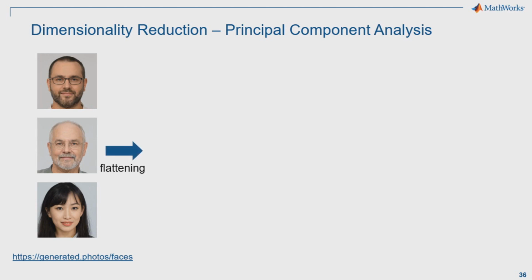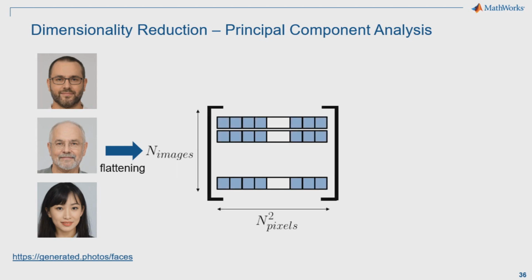So the first thing that you have to do if you want to reduce a dataset like this is to flatten your data. Imagine that you have n images and each of the images has n pixels.